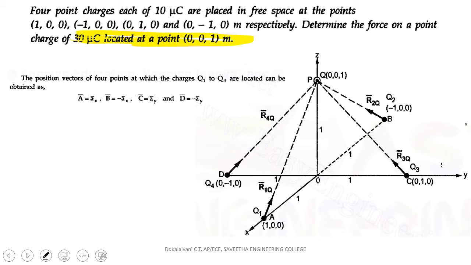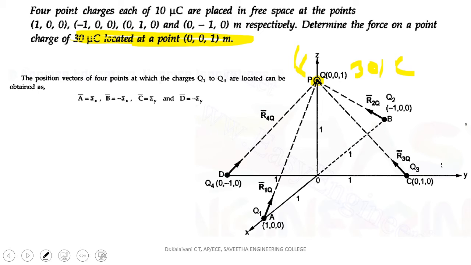So x is 0, y is 0, and only z is 1. Since x and y are 0, it lies on the z-axis alone. So Q is placed at (0, 0, 1). Here we have to find the total force F on the point charge of 30 microcoulombs.